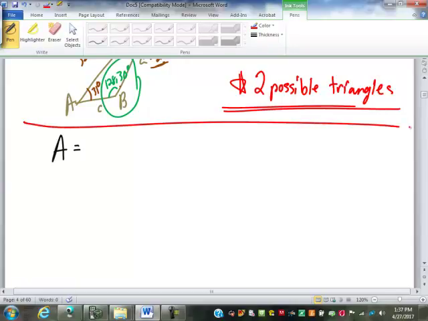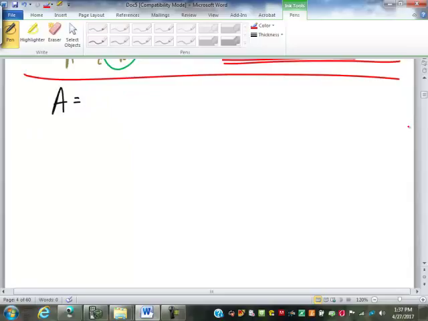Now again, still on that whole given two sides and one angle. If I tell you that this angle is 31 degrees, I don't tell you angles B or C. If I tell you side A is 40 feet, side B is 32 feet, and we're looking for side C. Are there any issues here?